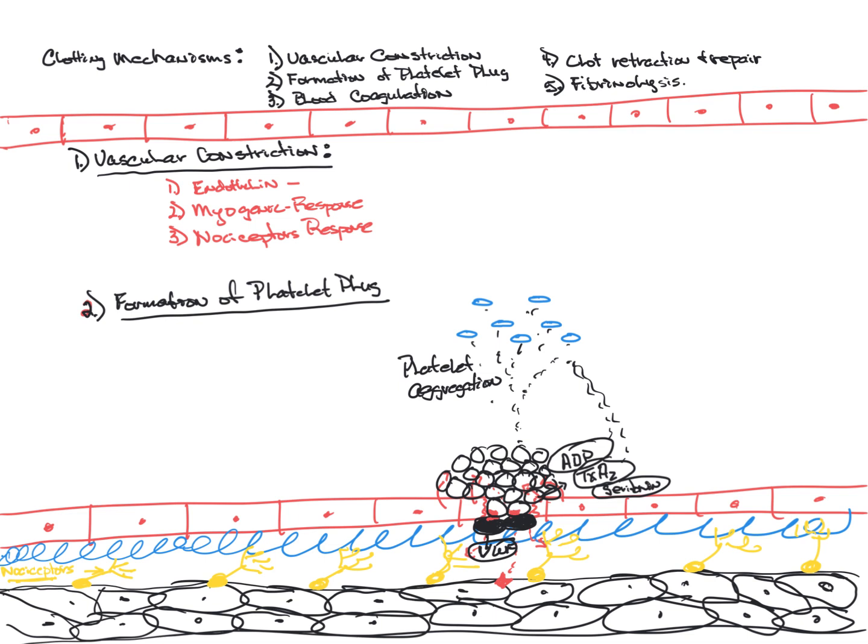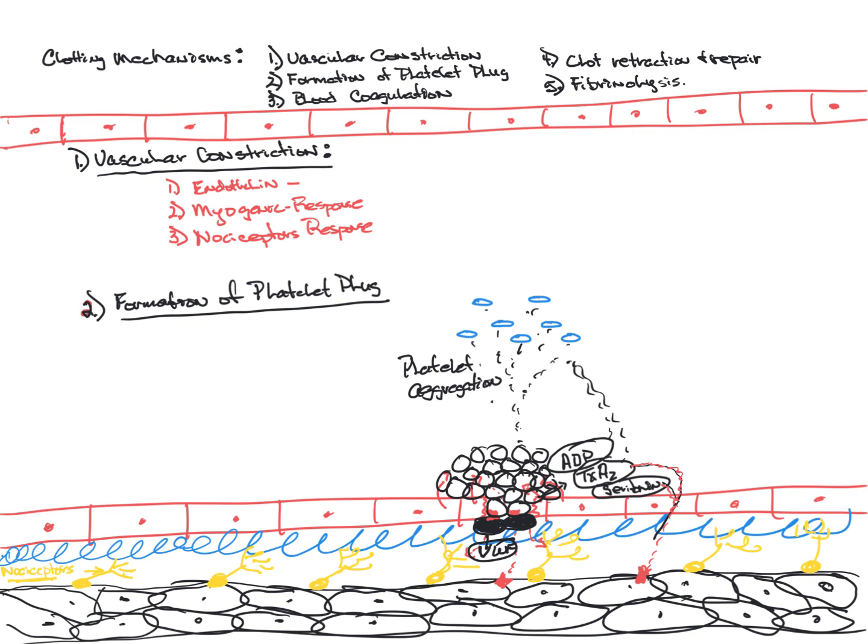Another thing that happens is that thromboxane A2 and serotonin act just like, you remember, the endothelin that goes and attaches to the receptor site on the smooth muscle and stimulates vasoconstriction. Well, thromboxane and serotonin do the same thing. They enhance that vascular constriction, which pulls it together and tries to stop the bleeding.